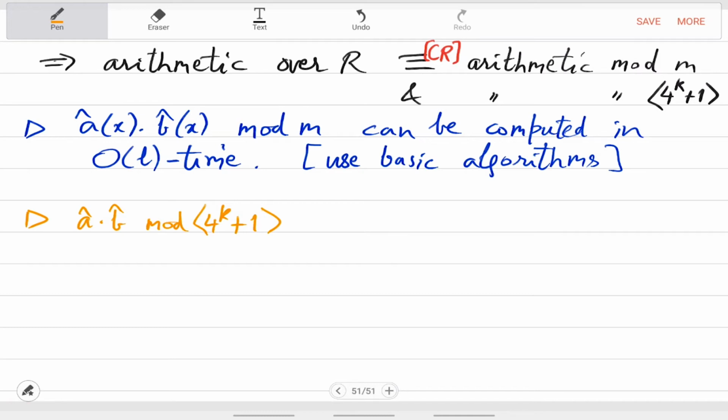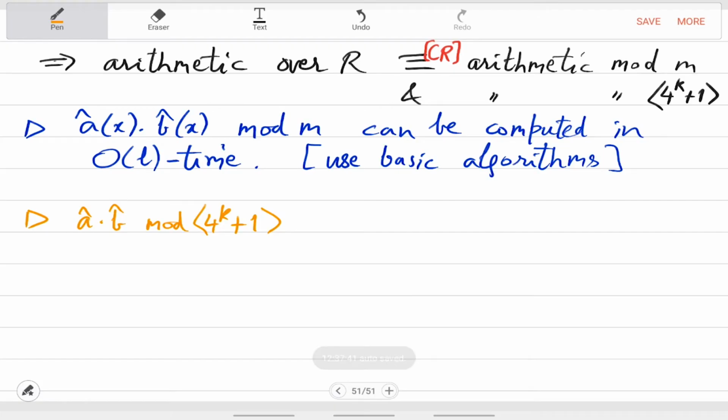So you can compute the evaluations of A hat at omega to the i for the amount you need. So compute those values of A hat and similar values of B hat, then multiply these two coordinate wise, and then apply DFT inverse. Right, so that will give you a recurrence.